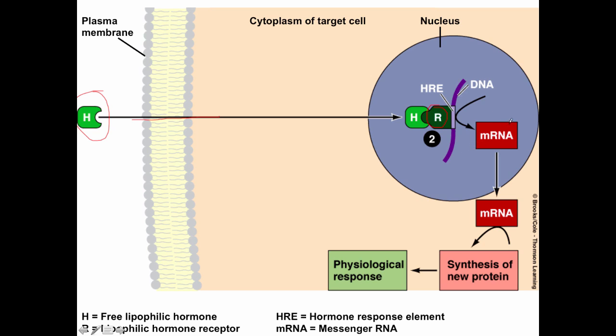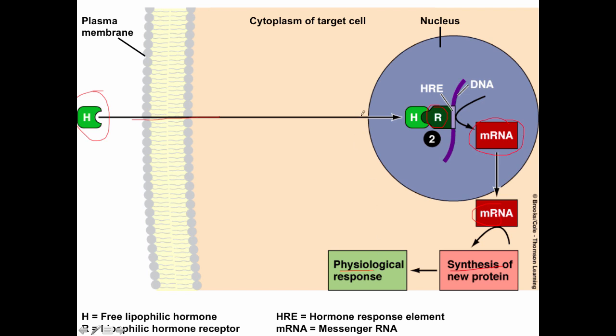That produces messenger RNA that travels out of the nucleus, and that messenger RNA is translated, and it causes the synthesis of new protein. And that new protein is the physiological response.